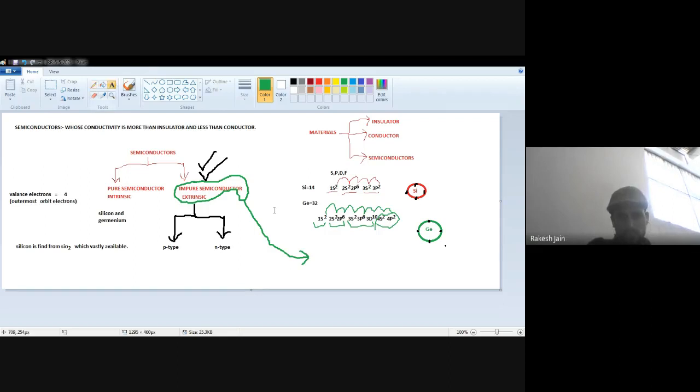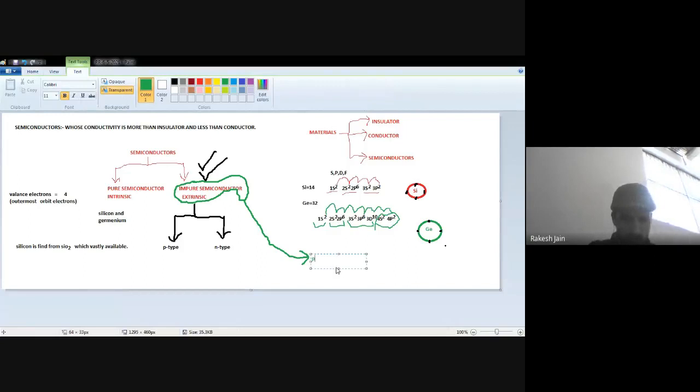For making the impure semiconductor, either P type or N type, we use a pure semiconductor, meaning intrinsic semiconductor, and then add some impurity in it, like pure lady finger vegetable plus some salt.